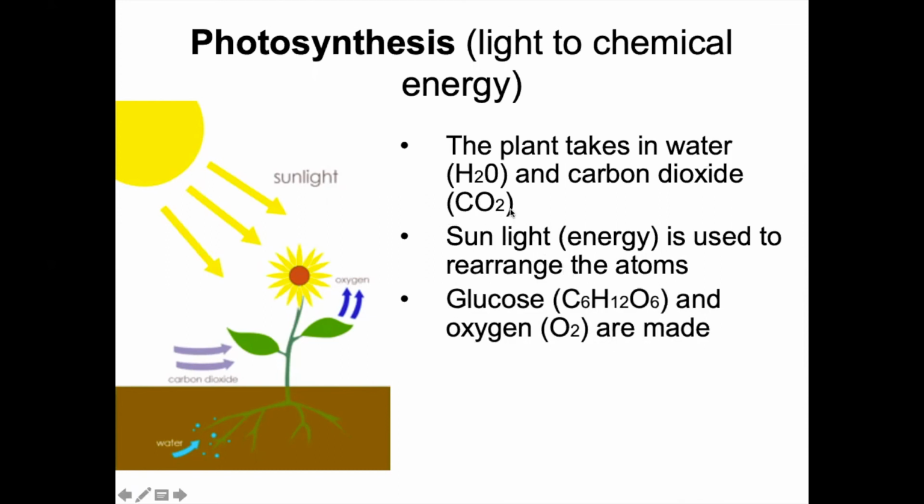It's going to take 6 carbon dioxide molecules and 6 water molecules, and what you're left with is 6 O2s, 6 of them. And the plant doesn't want them. It just gets rid of them, and that's great for us because we can breathe this oxygen. And then when we eat the plant, we'll get this carb.